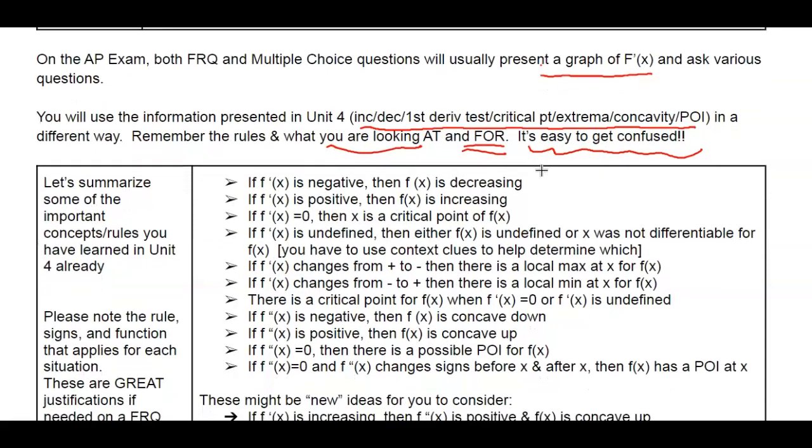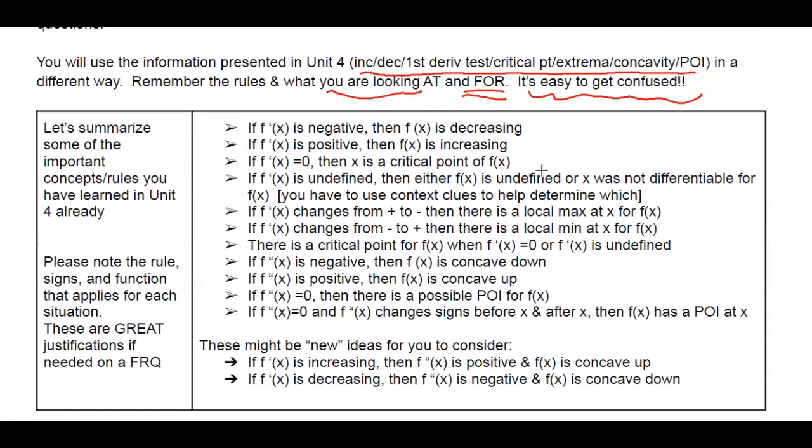So what I did was I went ahead and summarized all of the rules that we've been given. Typically you're not given a graph of the original function. So I tried to write things in terms of: if the derivative is negative, then your original function is decreasing.